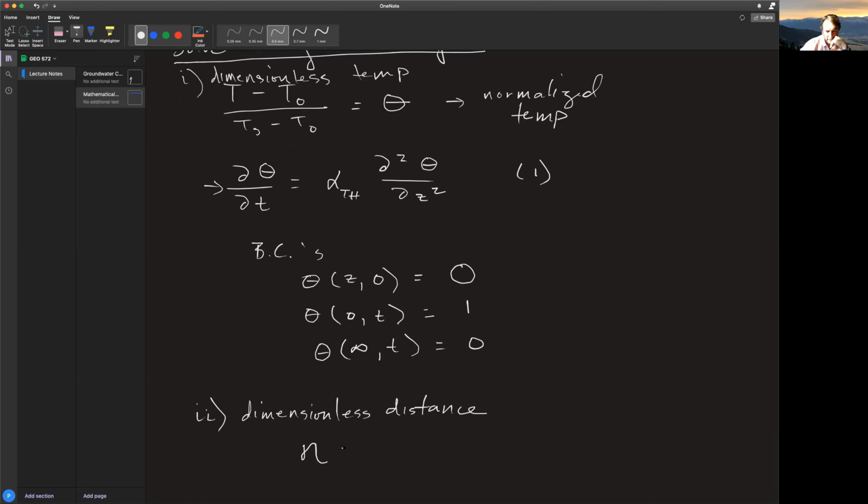And eta is going to be our distance, z, divided by 2 times the square root of alpha th times time. All right, let's think about what this is.